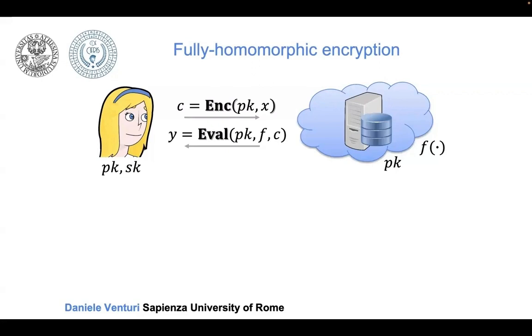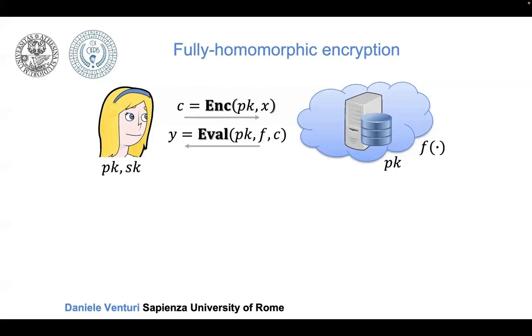There is an algorithm, which I call Eval, as in evaluation. This algorithm is some magic algorithm that takes as input only the public key and the ciphertext, plus a description of the function. All of this is public information: the public key is public, the ciphertext is sent over the channel so you can think of it as public, and the function f is public.